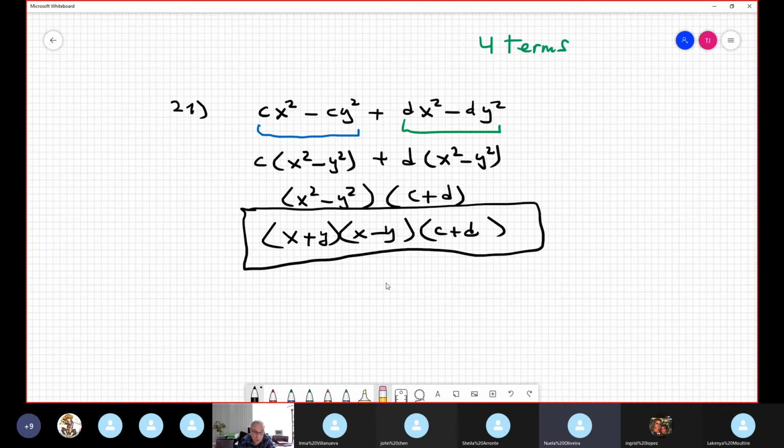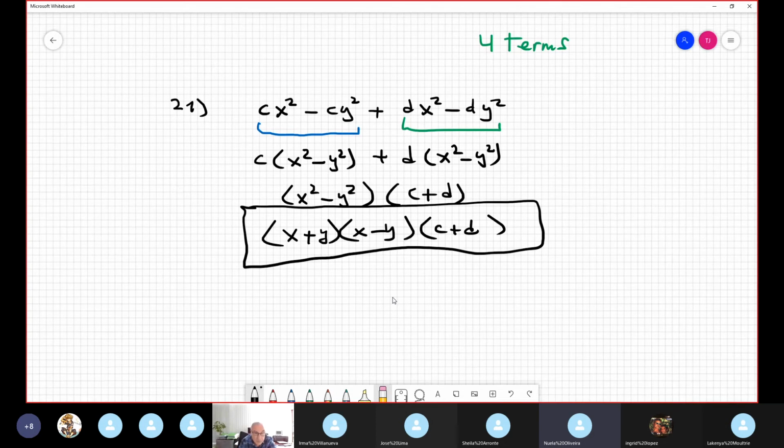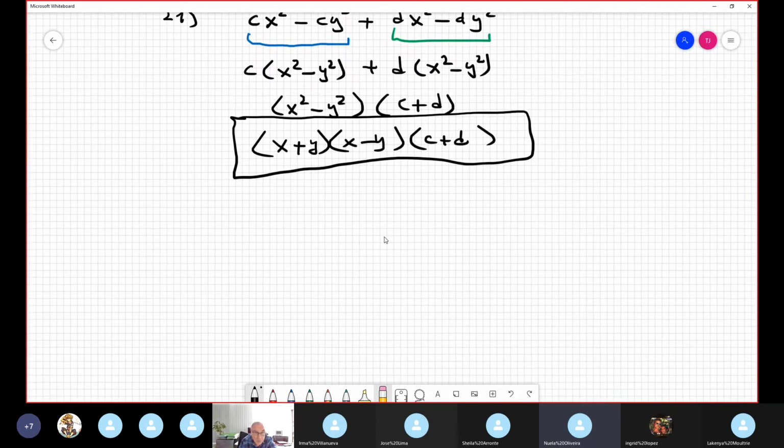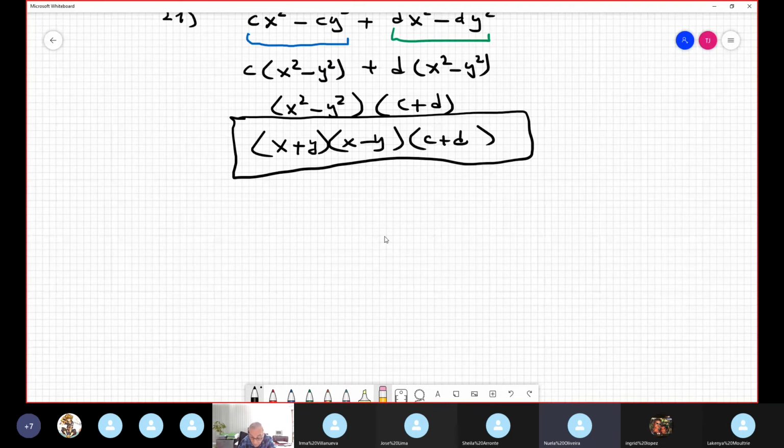Professor, I have a question. Go ahead. We need to break down... In the test, if you have a difference of squares, we cannot leave it like that. The question says factor completely.